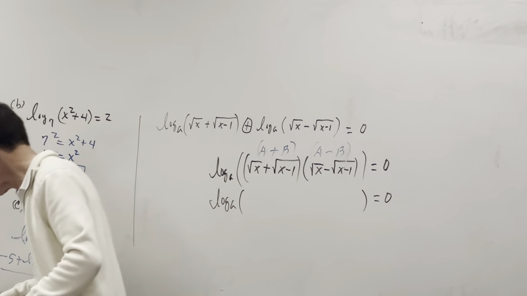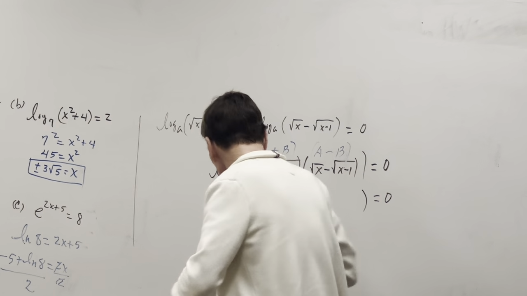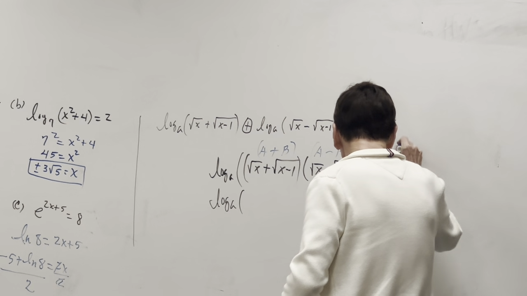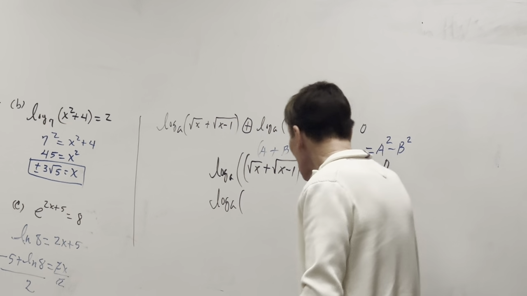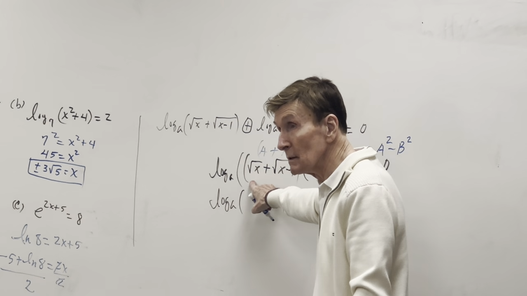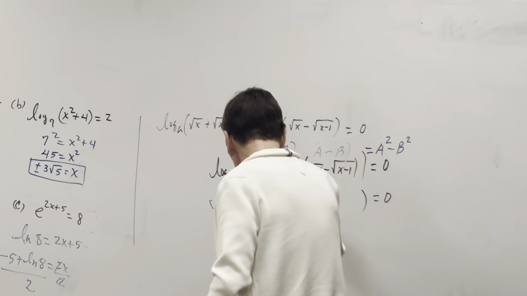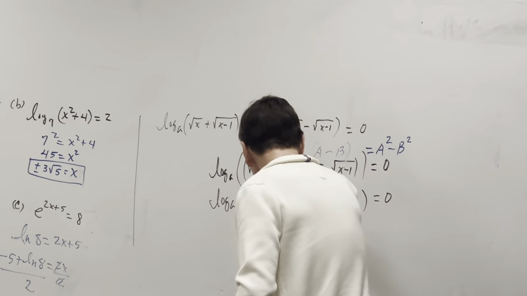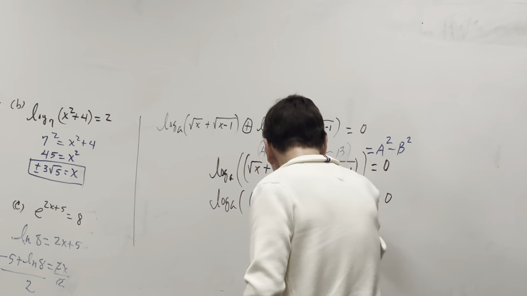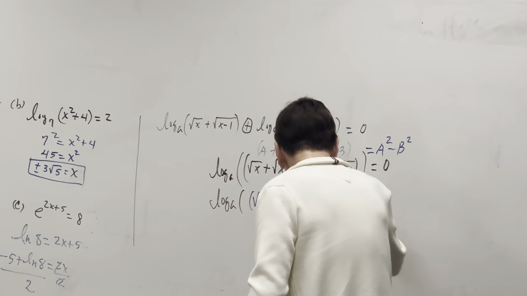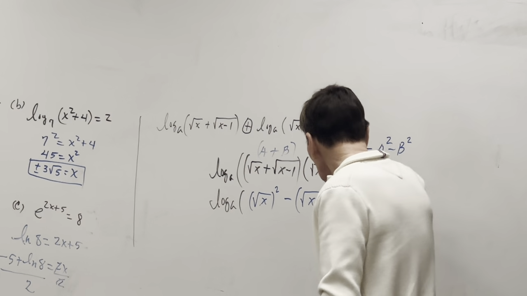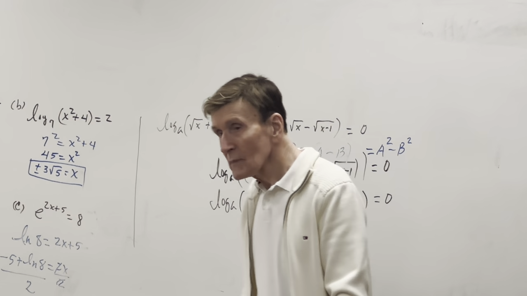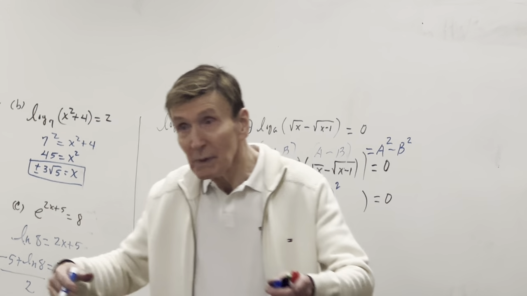And I know A plus B times A minus B is A squared minus B squared. Where A is square root X, so that's square root X squared, subtract B, which is square root X minus 1, squared. Do we agree? Is that what it looks like if I use A minus B times A plus B?